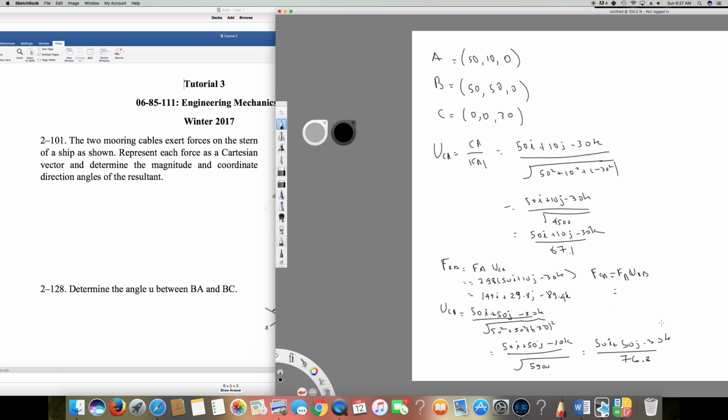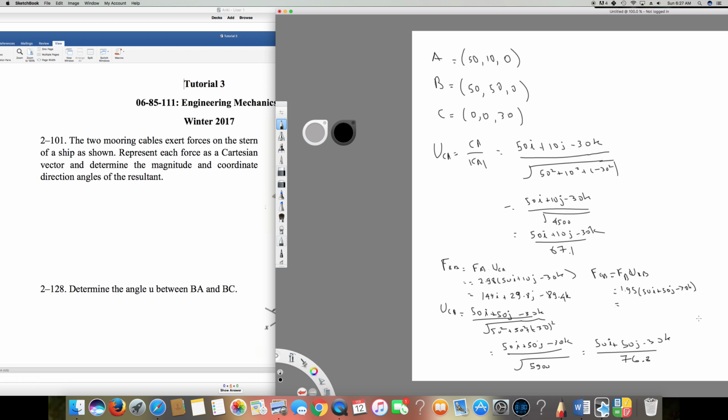So 150 divided by 76.8 is equal to 1.95. So 1.95 multiplies 50I plus 50J minus 30K. So if I multiply everything, let's see what happens.